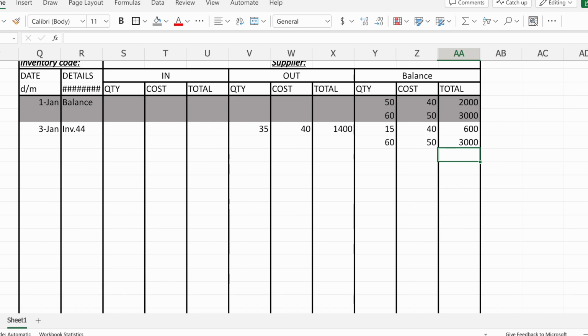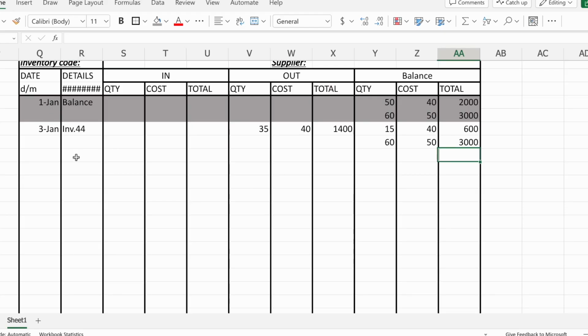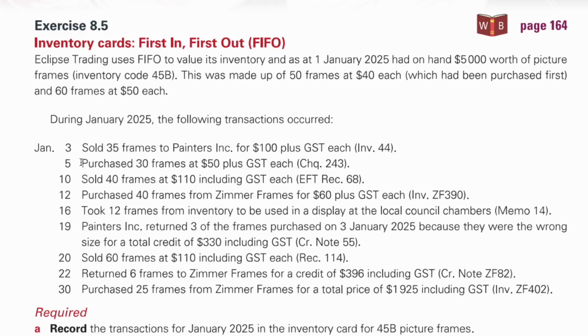Now we have our next effect, which is on the 5th of Jan. So they purchased 30 frames of $50. Okay, so we'll say check 243. And what was the date? It was the 5th of Jan.